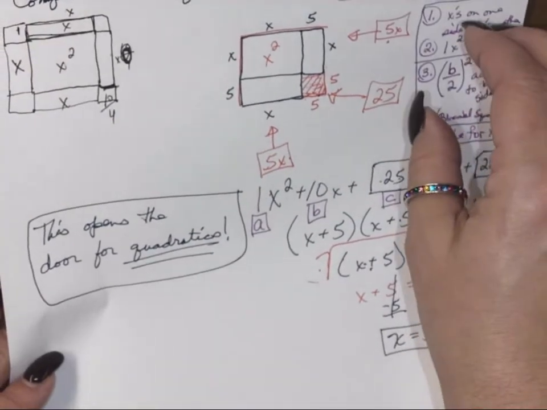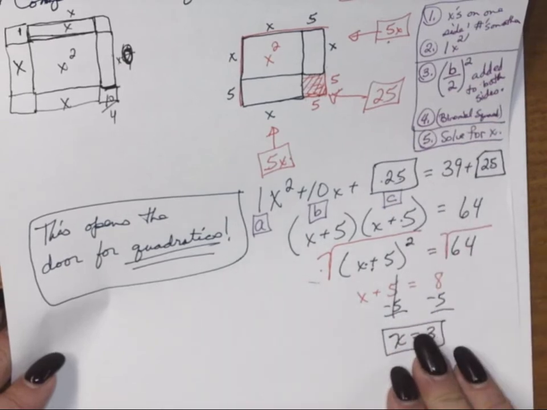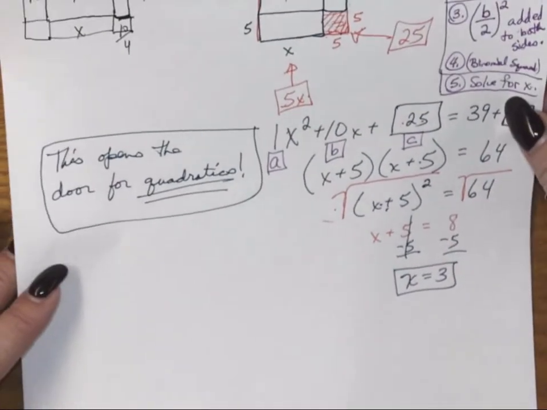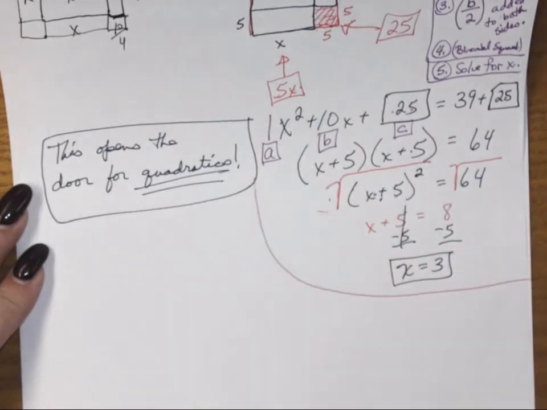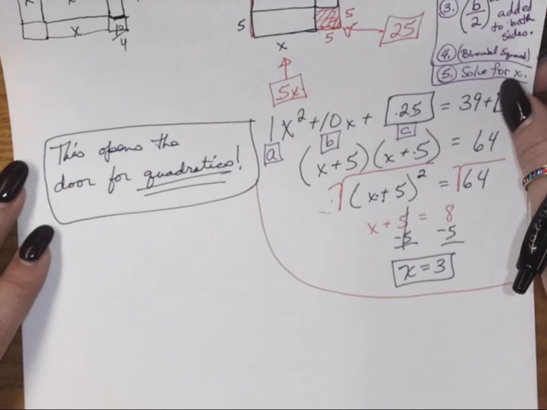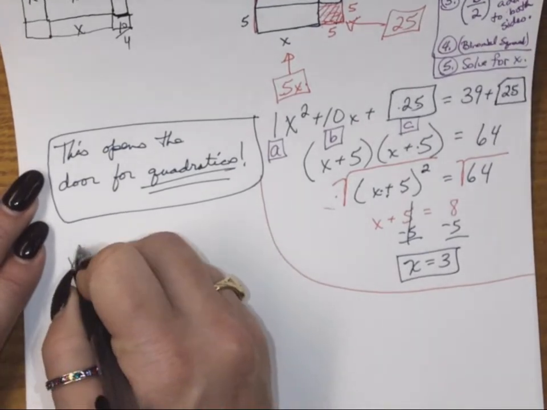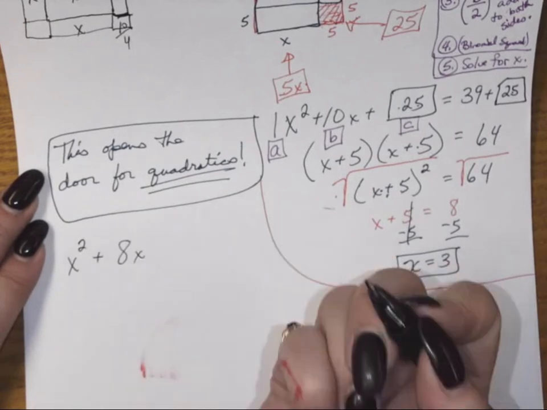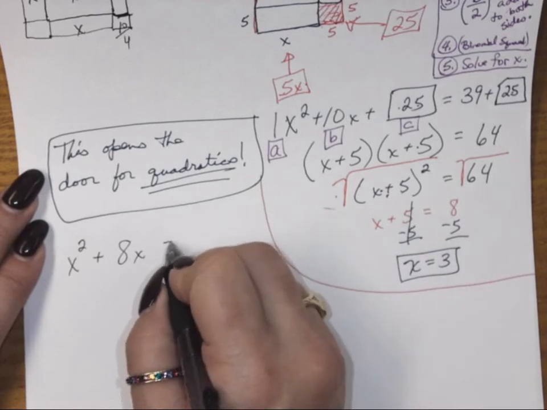So you need to understand what's happening over here as far as the algebraic step, and you need to be able to fill in a nice pretty square there and tell me exactly what's going on in the squaring portion of that. So if you would like to practice your skills, if you're not sure that you know exactly how to do completing the square, I've got a problem here, x squared plus 8x equals 9.